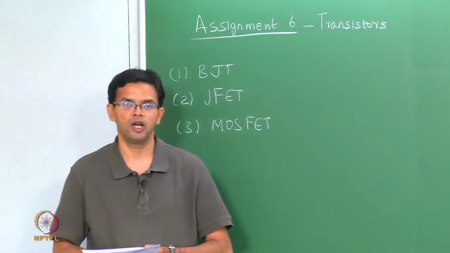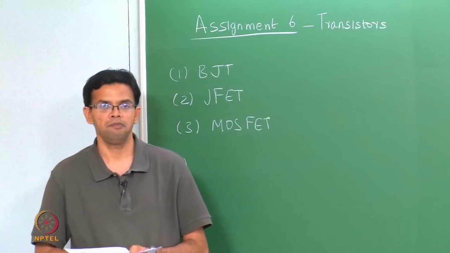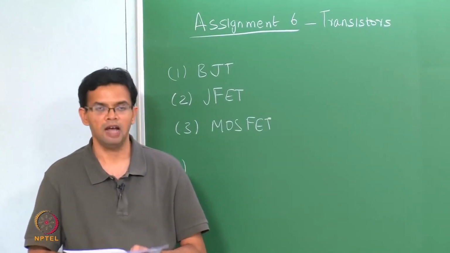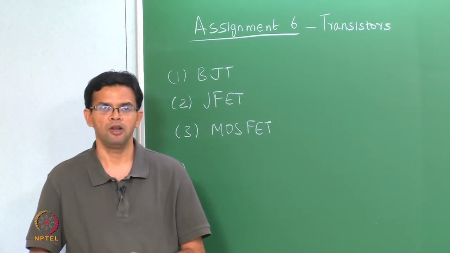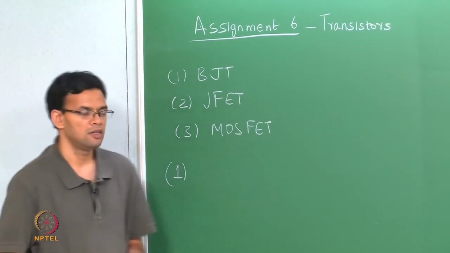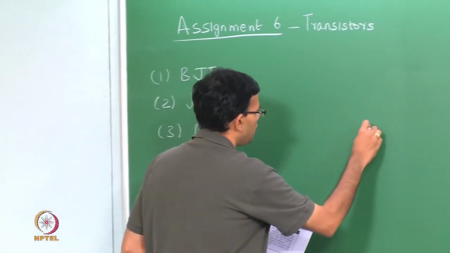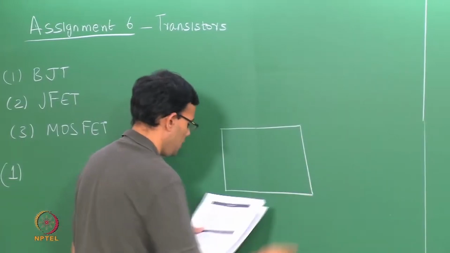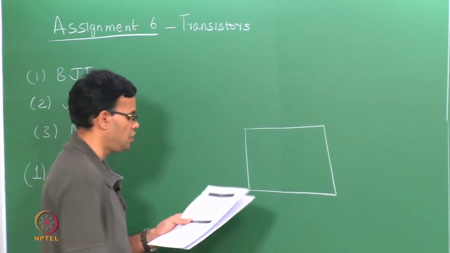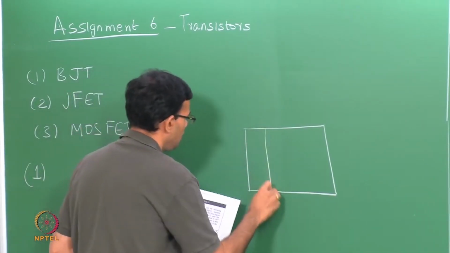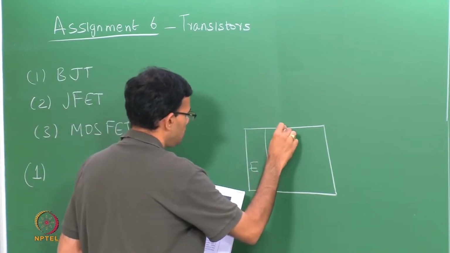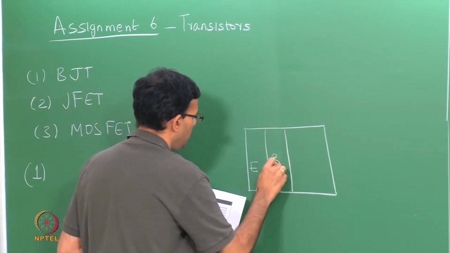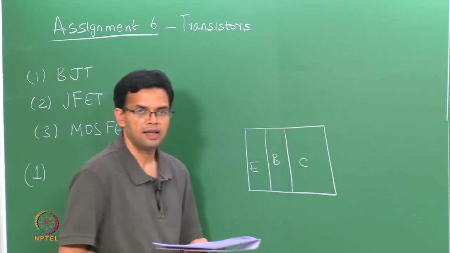So, in problem 1 we have a PNP BJT, a PNP bipolar junction transistor. Let me just draw the schematic of that. A transistor has essentially 3 regions: an emitter region, a base and a collector.